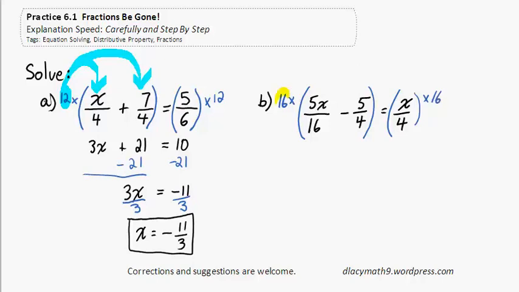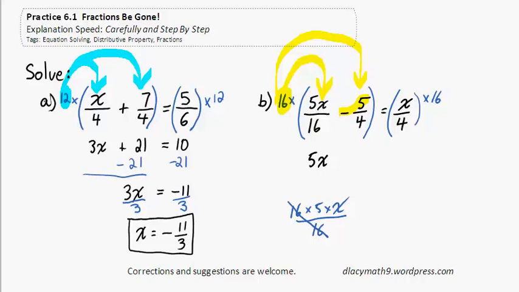Using the distributive property to do 16 times 5x, followed by 16 times negative 5 over 4. Let me just work that out. 16 times 5 times x divided by 16 is simply 5x.